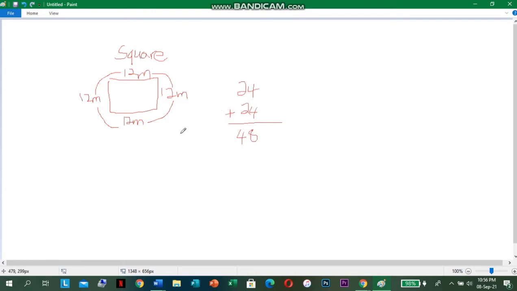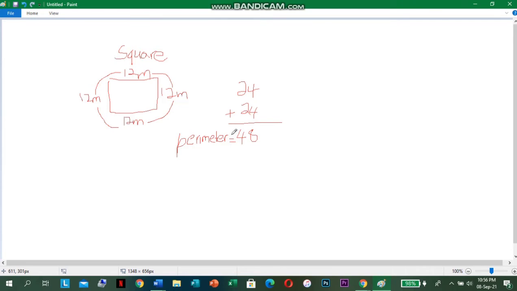So the perimeter is 48. Perimeter equals 48. Good. Moving along.